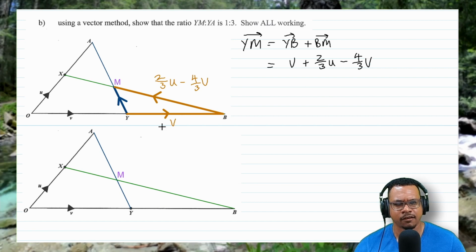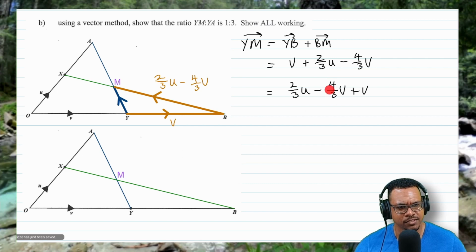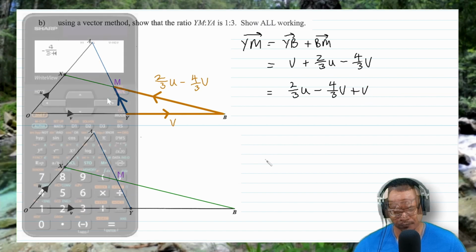So your like terms will be the v. So this v is positive v. You can put together with this negative 4/3 v. So that'll be 2/3 u take away 4/3 v plus v. So now this is just negative 4/3 plus 1.